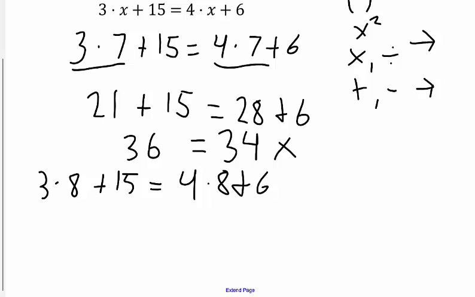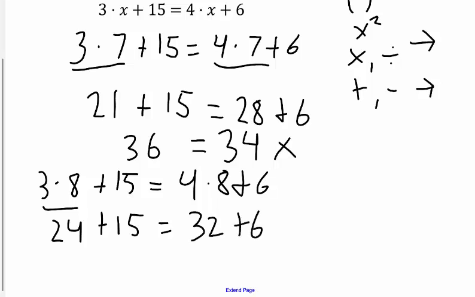All right, so 3 times 8, 24, plus 15 is equal to 4 times 8, 32, plus 6. 24 and 15 is 39. 32 and 6 is 38. Not equal.